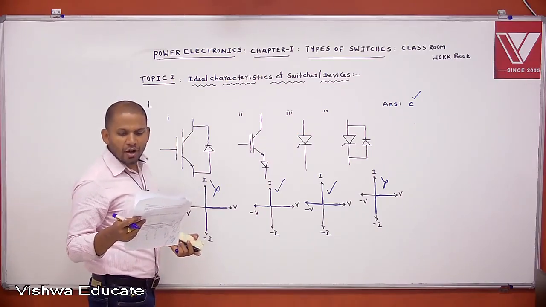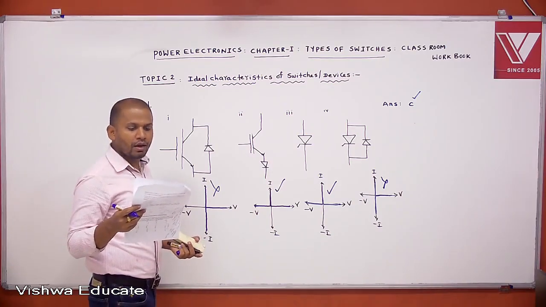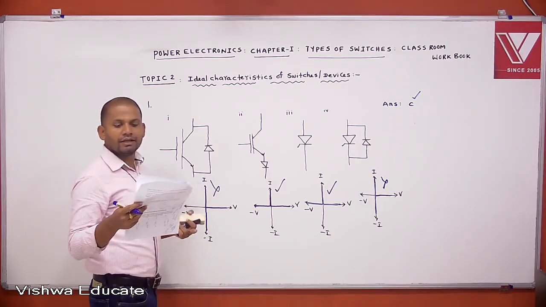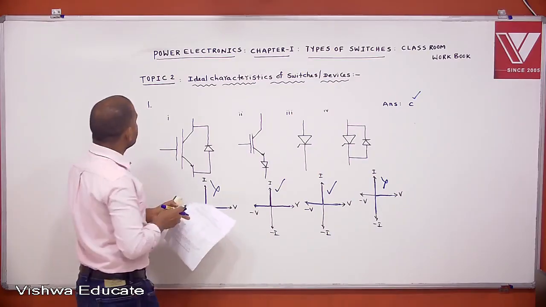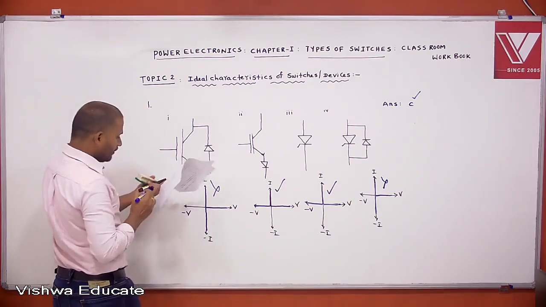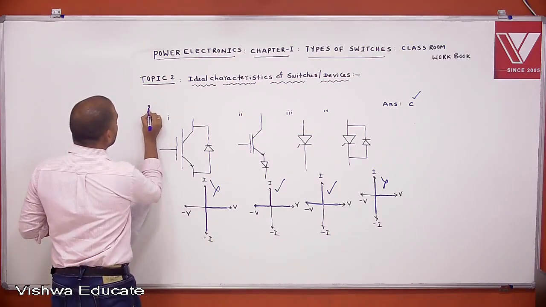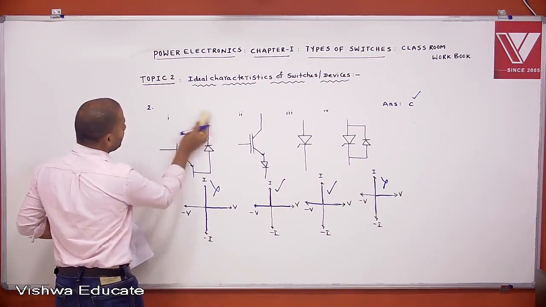The steady state operating points are shown by large black dots. Then match list 1 with list 2. Here is the second question, question number 2 in topic 2.